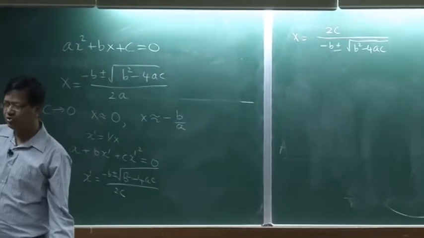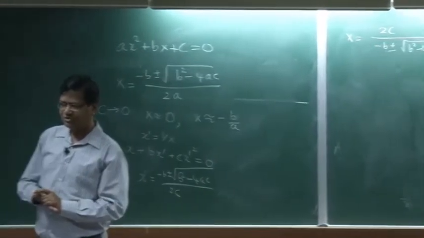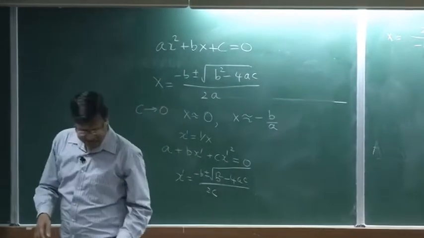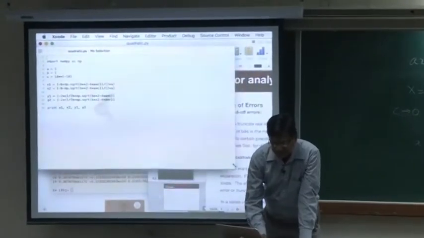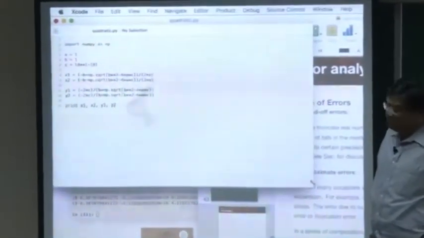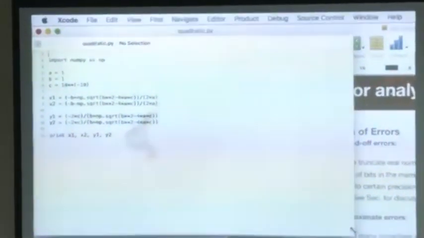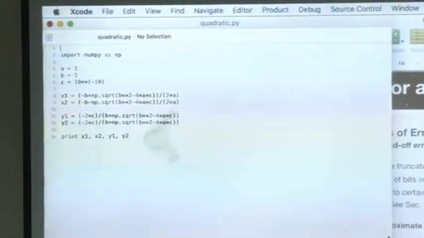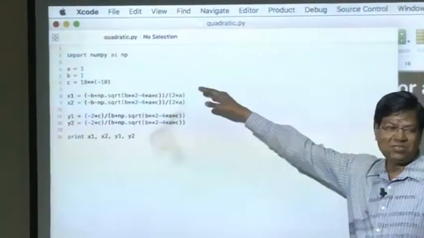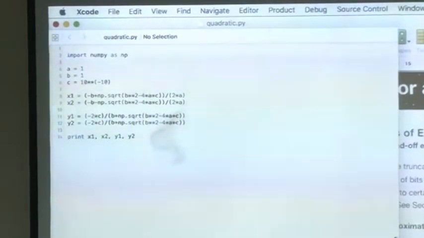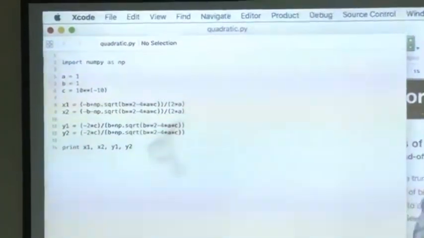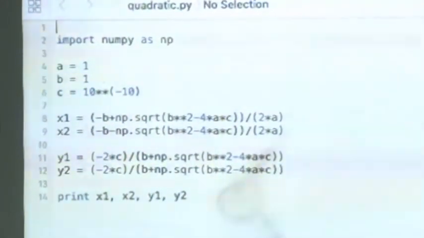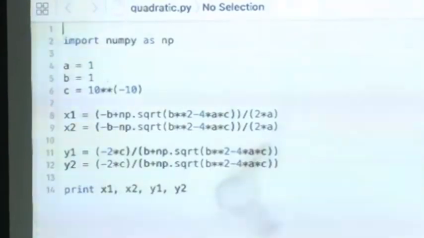I will just show you what the results are for these two. The numbers I have chosen are a equal to 1, b equal to 1, but c is 10 to the power minus 10, a small number, and I just coded the formula using numpy, np. The first two answers are these values, and the next ones, y1 and y2, are these two values.